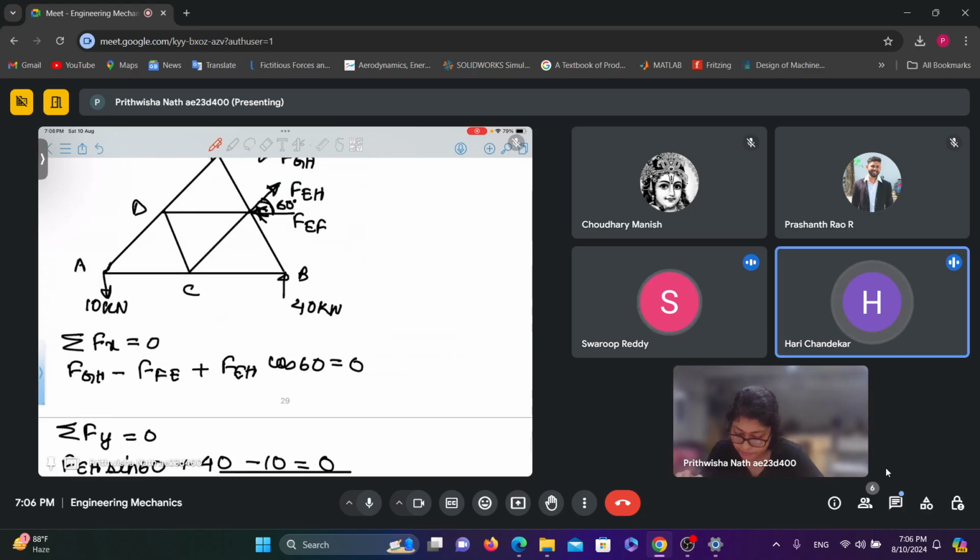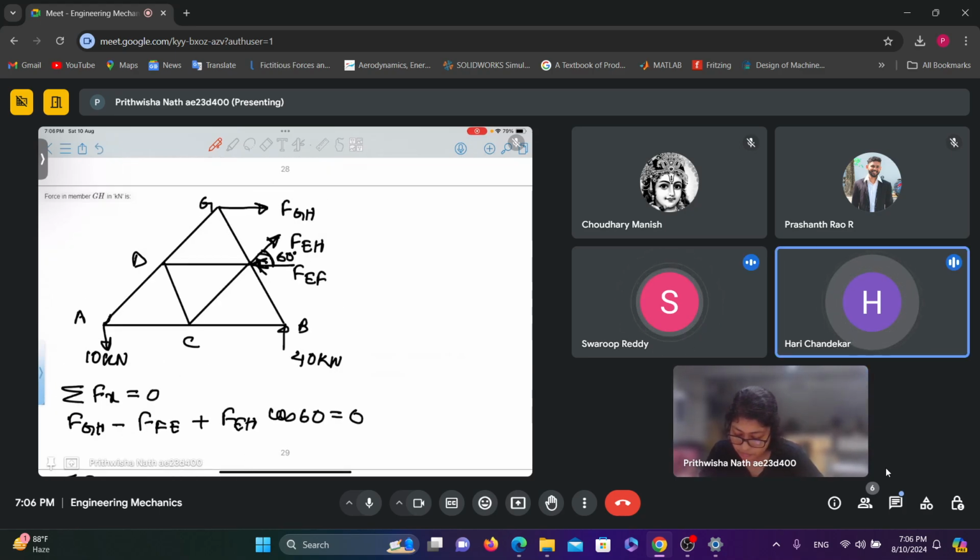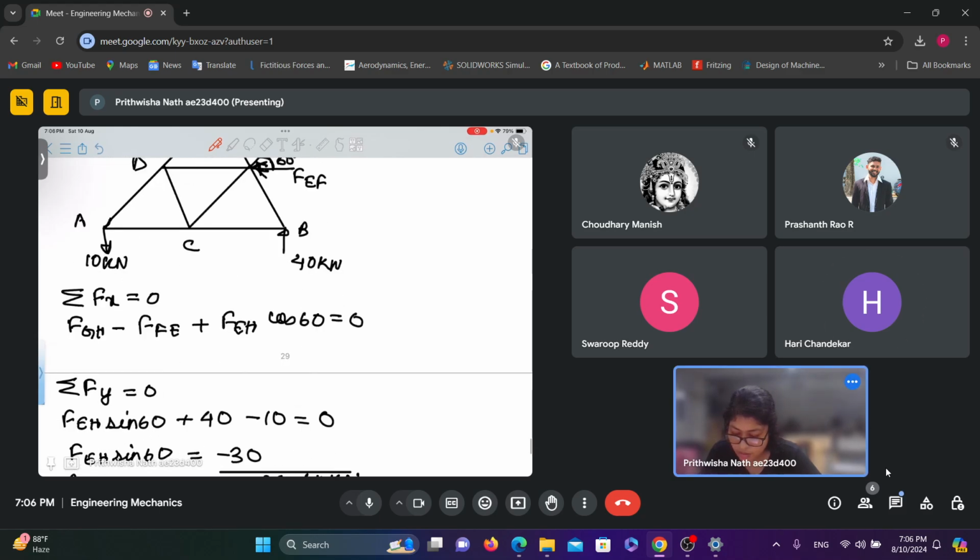So is there a way of denoting the notation of the forces? It would be like GH, where the first letter should be the pin joint we are considering, or FHG is also fine. You can just watch the lectures, the convention which the professor followed. Okay.